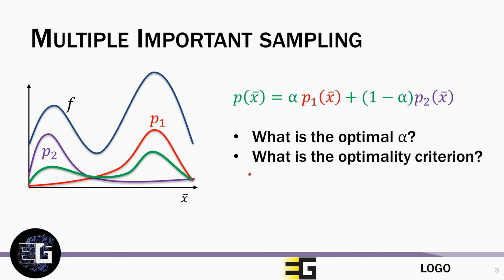Intuitively, we wish to maximize the image accuracy, for which we need to maximize the similarity of the integrand and the mixture probability density. This seems straightforward, but what is the exact measure of the similarity between the integrand and the probability density? In this paper, we investigate this problem.